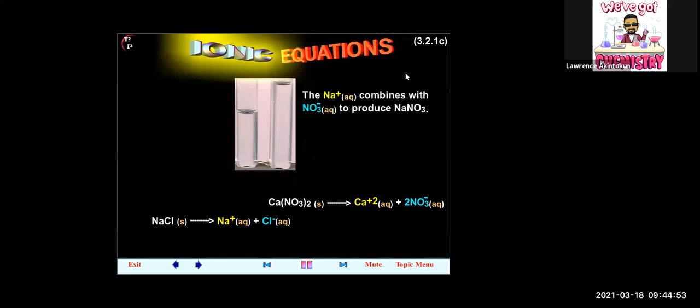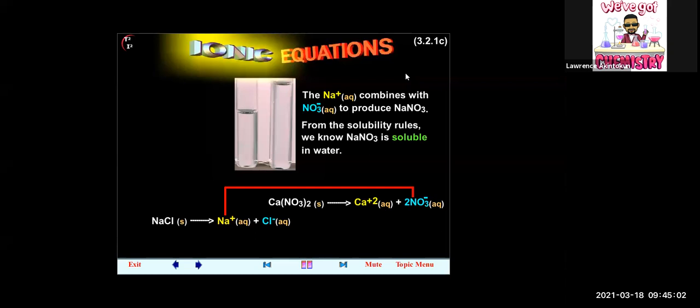The Na+ aqueous combines with NO3- aqueous to produce NaNO3. From the solubility rules, we know NaNO3 is soluble in water. Hence, it will exist only as Na+ aqueous and NO3- aqueous.